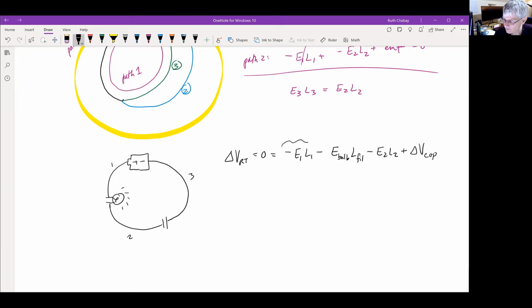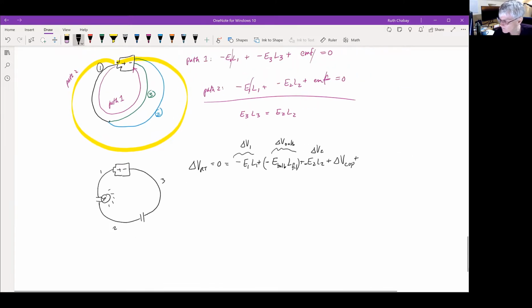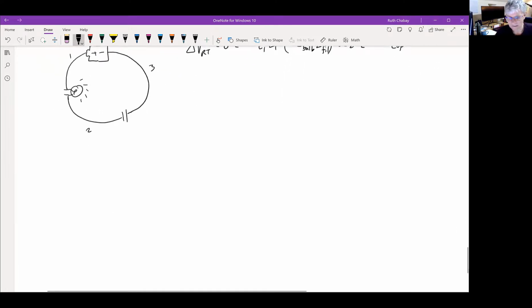So this is delta V wire 1. I'm going to write this as a plus minus here. So that's delta V bulb. That's delta V wire 2. That's delta V capacitor plus EMF, plus wire 3. So we can apply that various ways.